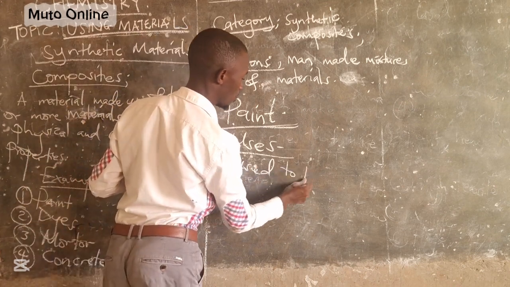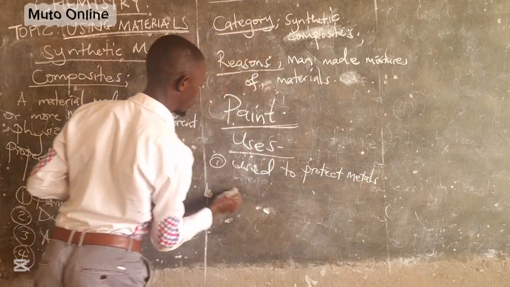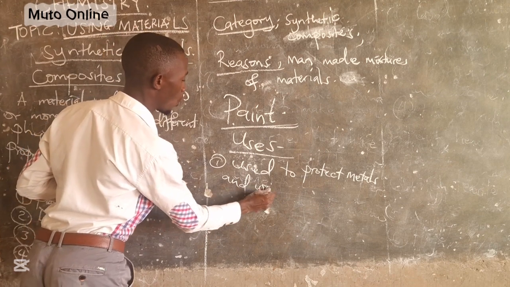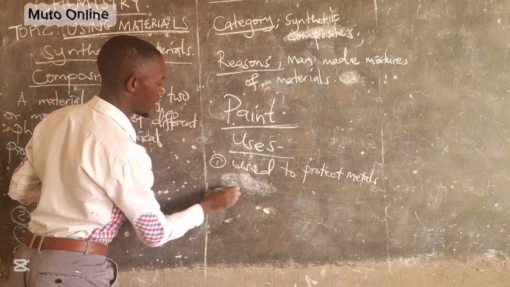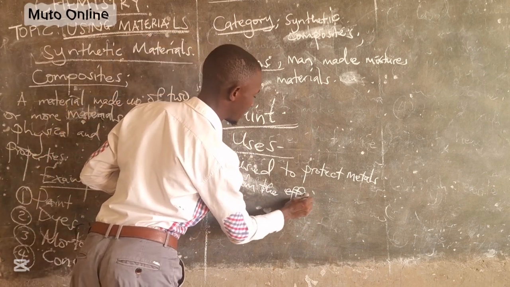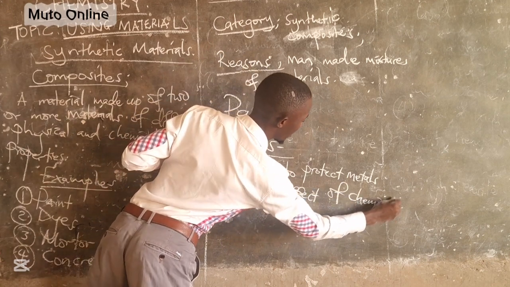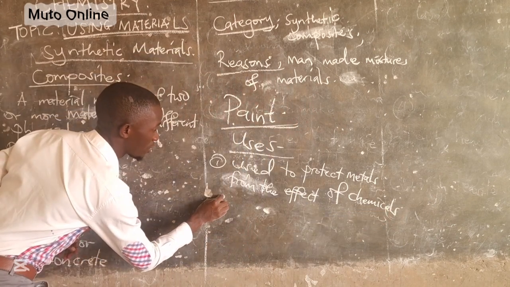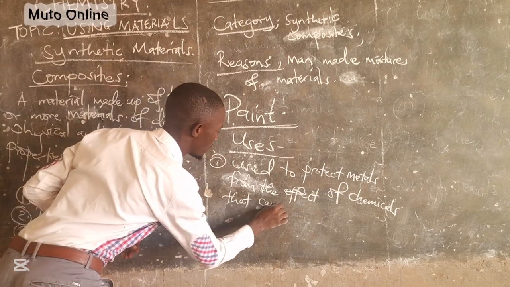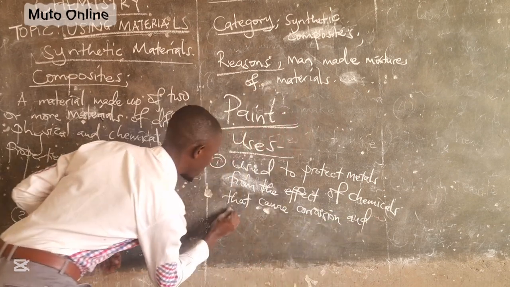We very well know that paint is used to protect metals from the effects of chemicals that cause corrosion and rusting.